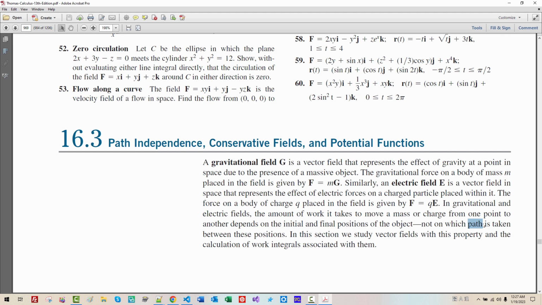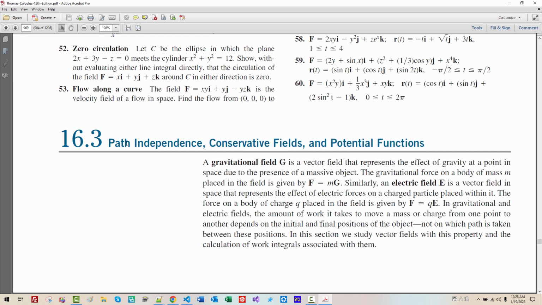Path independence means the work to move a mass or charge from one point to another depends on the initial and final position of the object, not on which path is taken between these positions. We study vector fields with the path independence property and the calculation of work integrals associated with them. What the heck is a potential function?